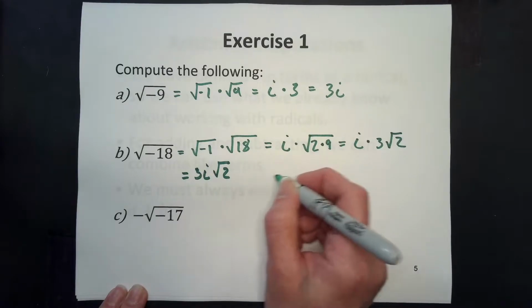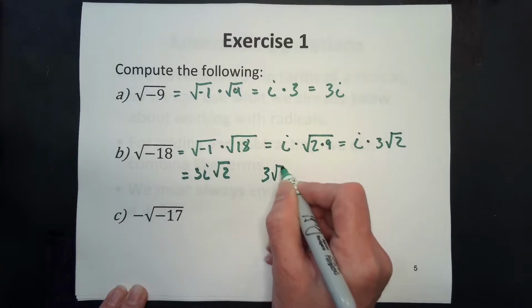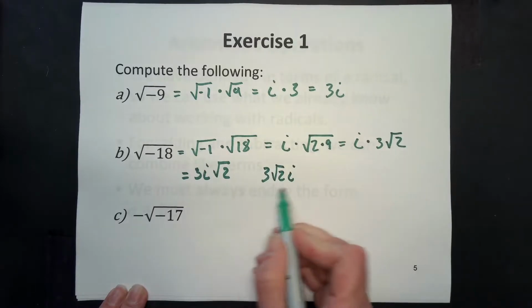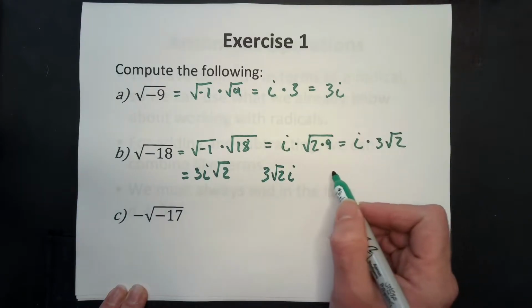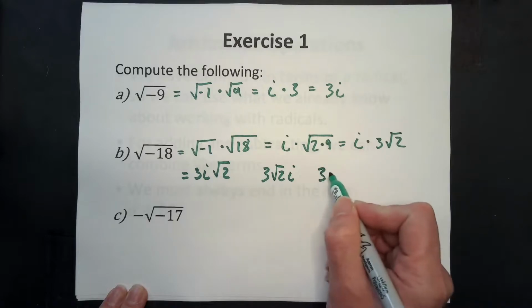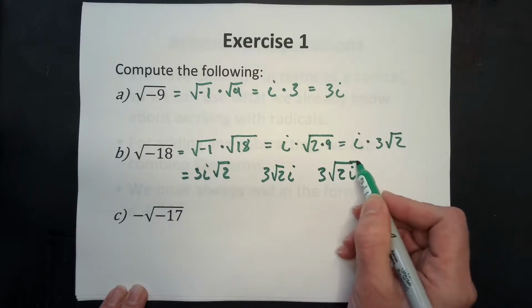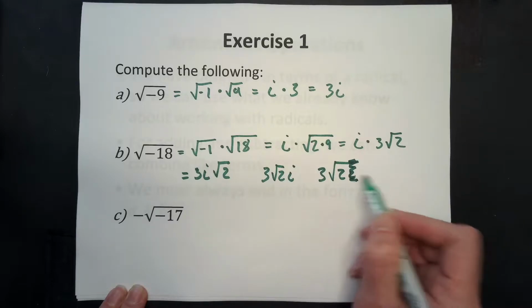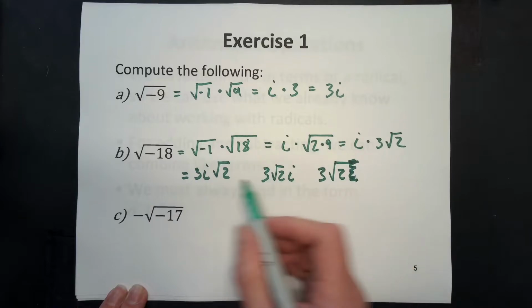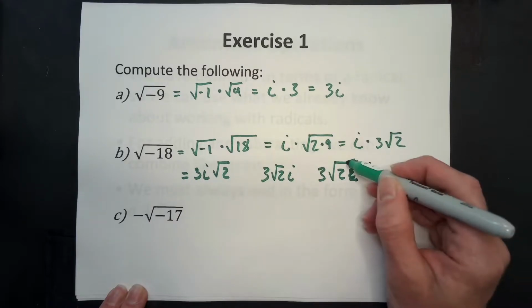One way I tell students to avoid writing it is 3, then the square root of 2, and then i. While this is valid, sometimes when you're inputting your answer into courseware, you can accidentally still have the i underneath the radical, and you can't see it, because it's a very thin character. So I always tell students to make sure that if they're going to write it behind the square root, it's not underneath the radical.